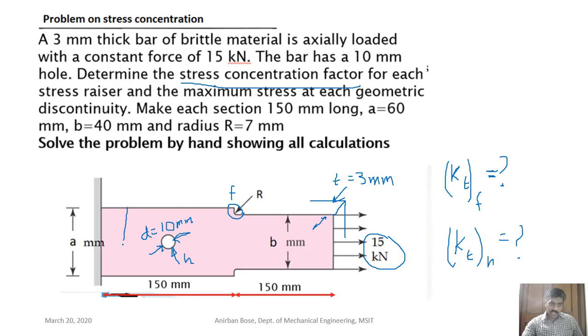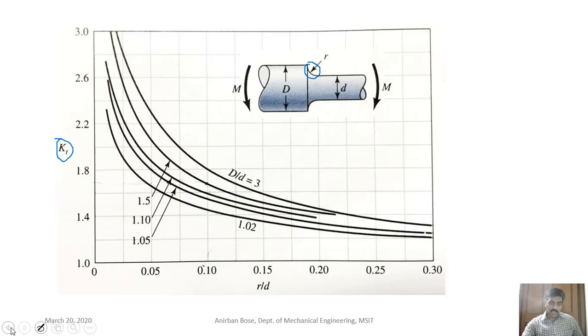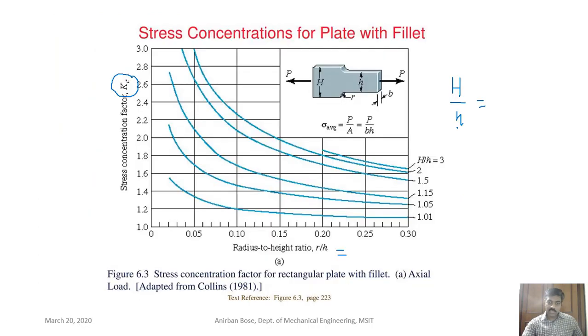In this case this one is capital H, and that is A, and A is 60 millimeter, and B, that is small h, is 40 millimeter. And what is the radius of the fillet? The radius of the fillet is given as 7 millimeter. Okay, so now use these values to calculate H by h and r by h. So H is 60.